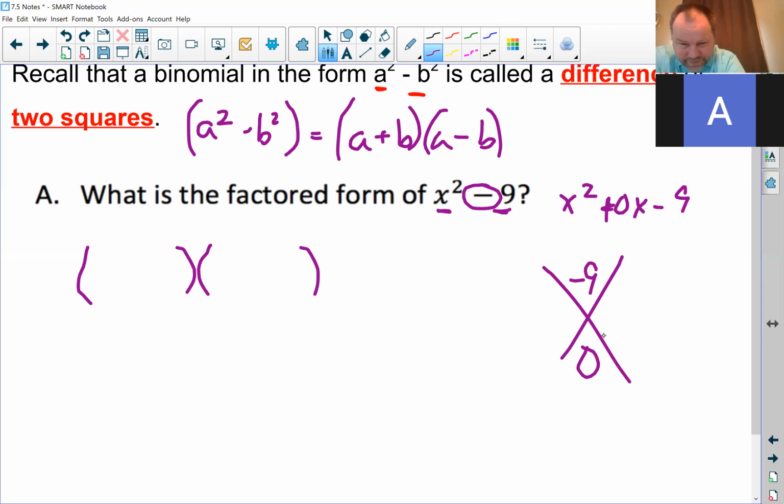The only way that can happen is if our two numbers are exactly opposites. That's how it's going to add to 0. So you can see we have the same expression, just a different sign in between.